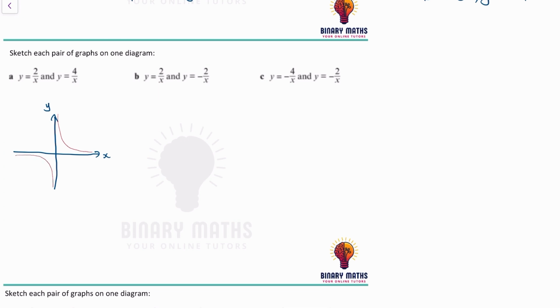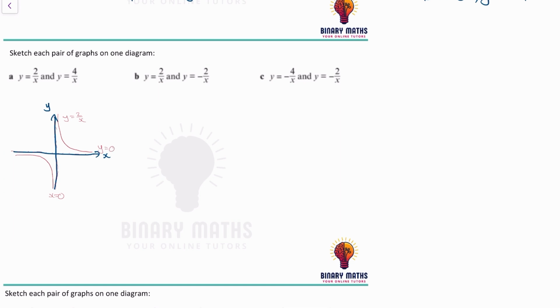There you go. So that is y is equal to 2 over x. If I were to label the asymptotes, this one's x equals 0, and that one's y equals 0.